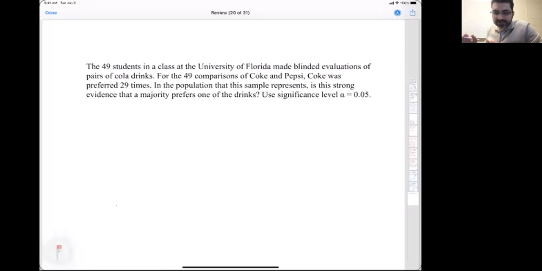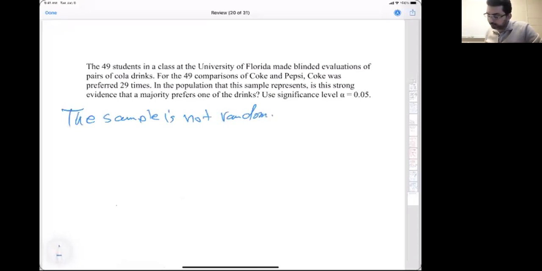It's just one class at that university. They evaluate the Pepsi and cola preferences, so it's not random. So the sample is not random.